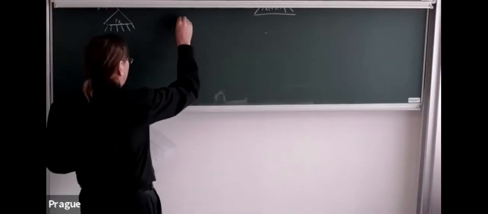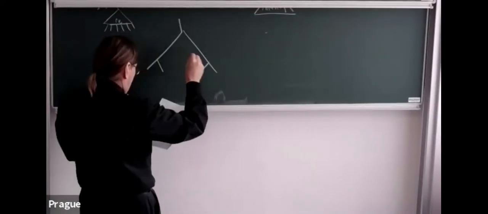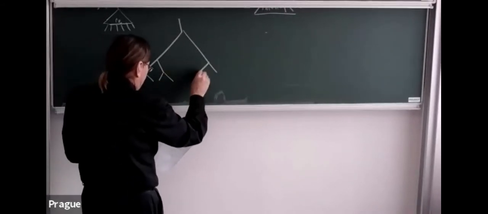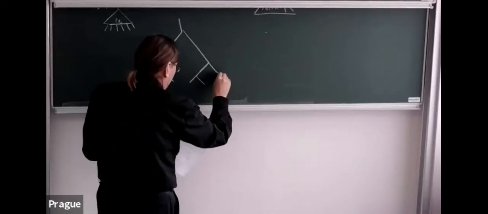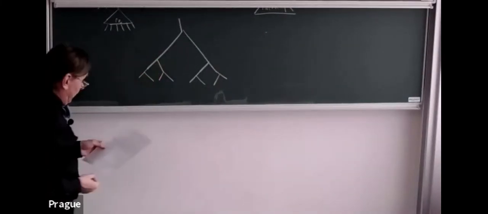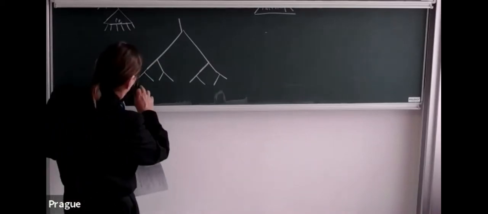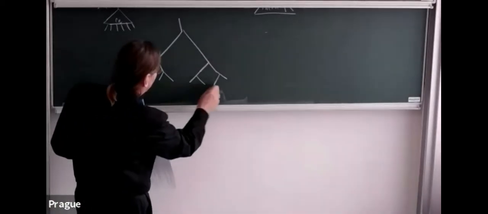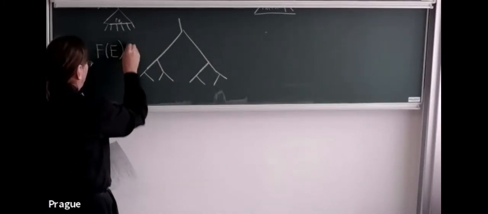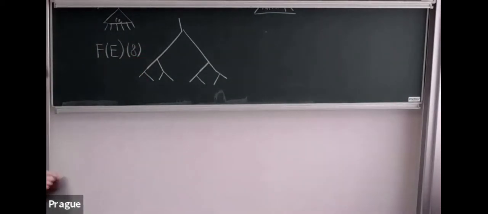As everyone knows, elements of free operads are represented by trees with vertices labeled or decorated by generators. So you may think of this tree as something representing an element of a free operad on some collection, not important which one, on 8 inputs.